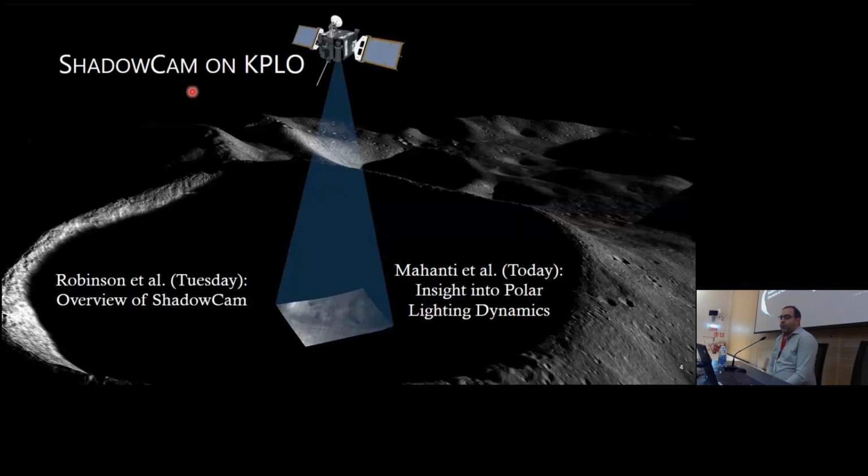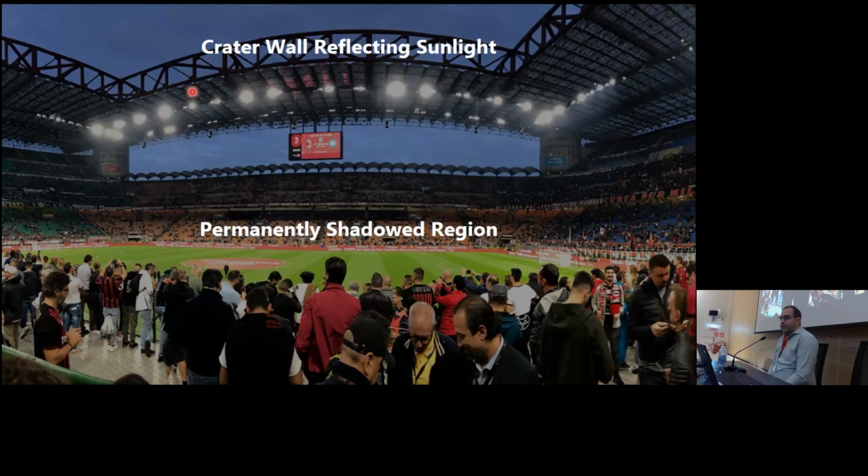And so there was a good overview yesterday by Mark giving an overview of the instrument itself and some of the new images that we're collecting. And most of y'all were here a few talks ago when Prashun gave a really good overview of the dynamics and lighting inside PSRs. So this is probably one of the better analogies for what polar lighting is.